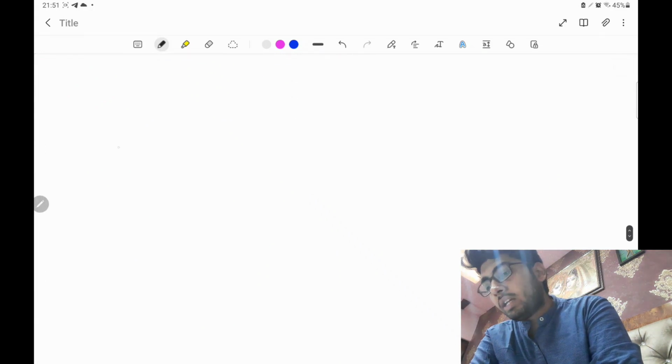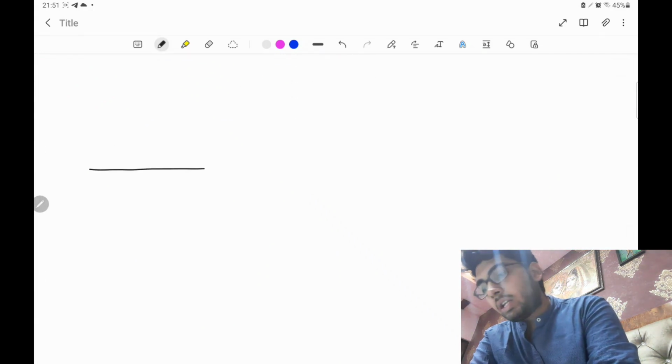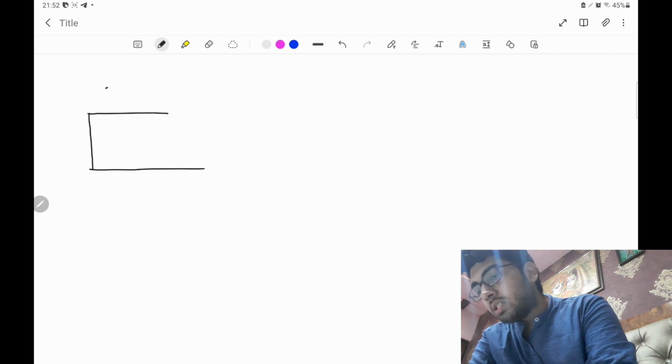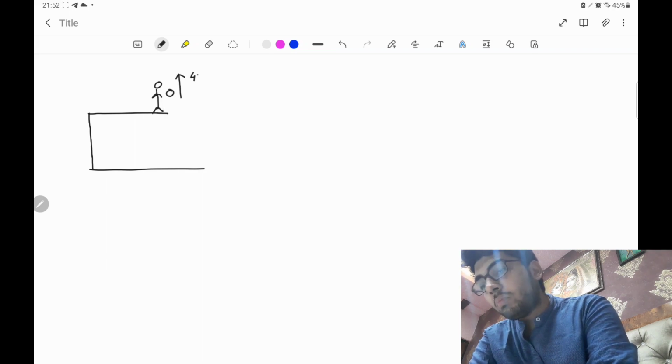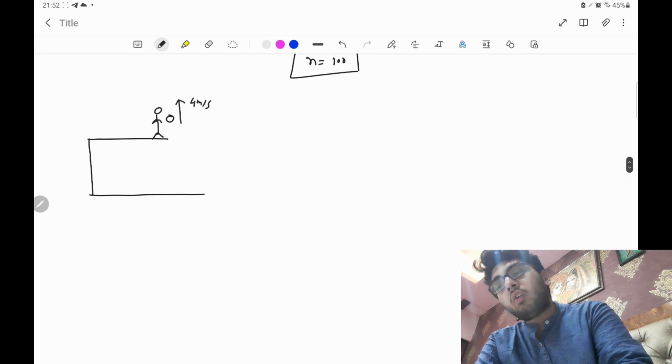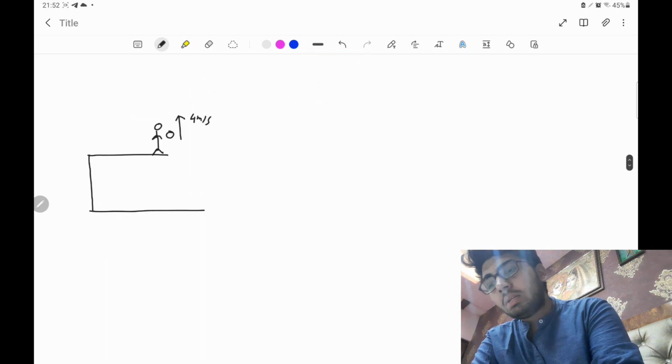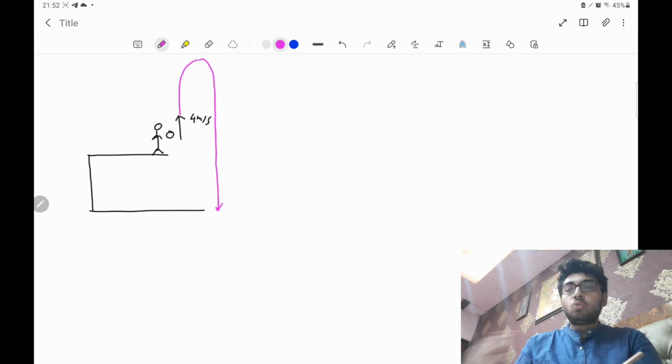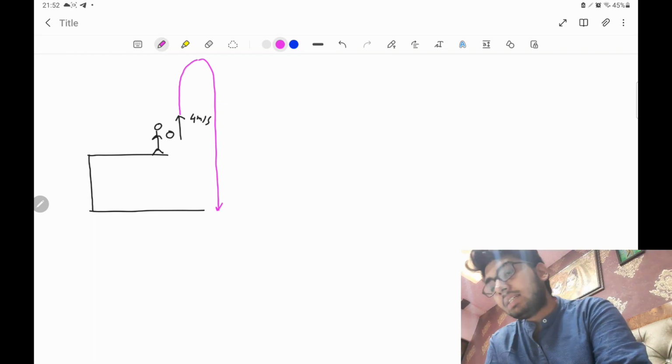Suppose this is the level of the river, and this is a bridge on which a boy was standing, and he has thrown a ball upward with a velocity of 4 meters per second. The motion of the ball will be simply like that. It will first go up, then the velocity will become 0, and then it will fall down to the river. Throughout the process, the time taken is equal to 4 seconds according to the question.